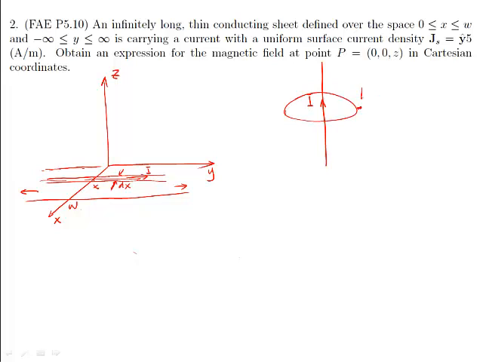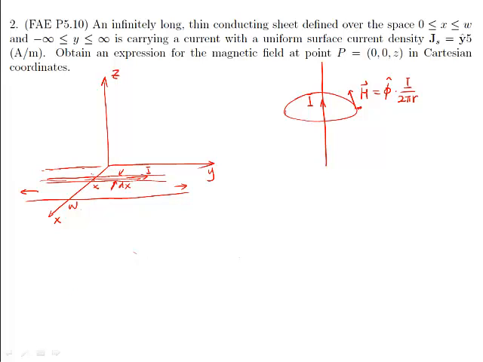So the H field here would have direction in the phi direction with a magnitude of I over 2 pi r, and this comes from Ampere's law. And now if we can treat this problem that we're trying to solve as a combination of many such infinitely long line currents, then we can carry out our integral along the x-axis.